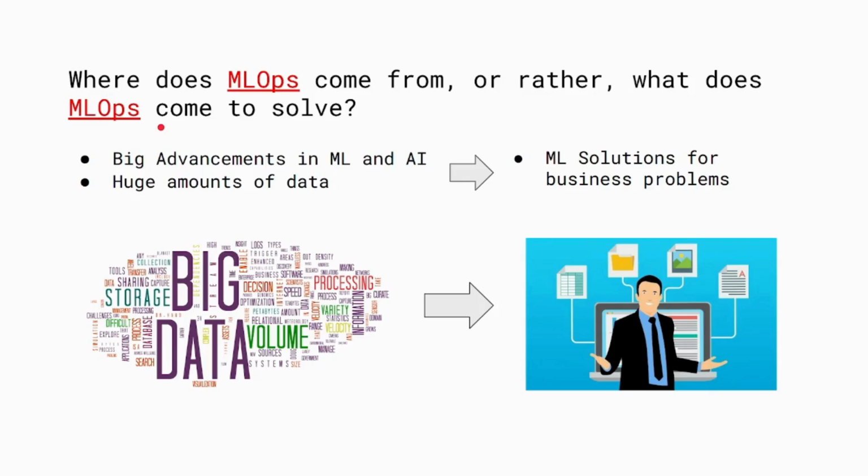So where does MLOps come from? Or rather, what does MLOps come to solve? MLOps stands for Machine Learning Operations. And with the rapid progress in machine learning and artificial intelligence, along with the explosion of data, there's a growing demand for ML-driven solutions to tackle real-world business challenges. For instance, retailers use AI to predict customer behavior, while logistics companies rely on ML models to optimize delivery routes.